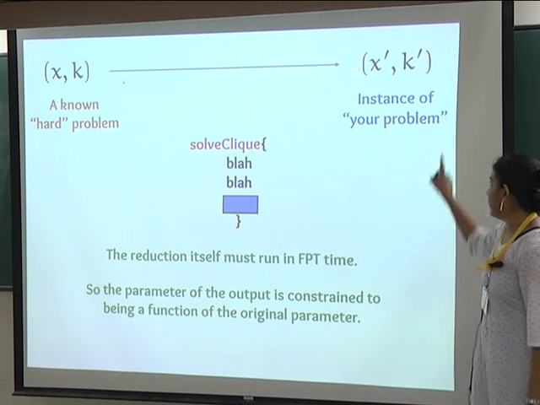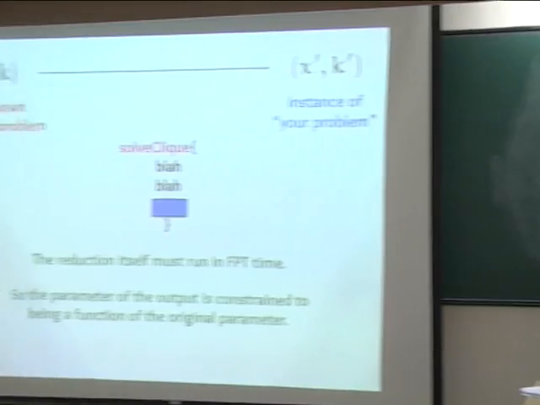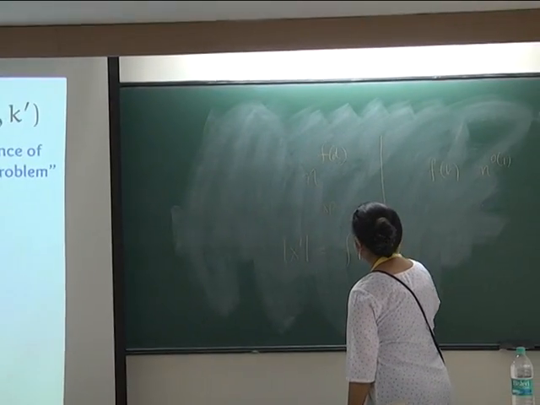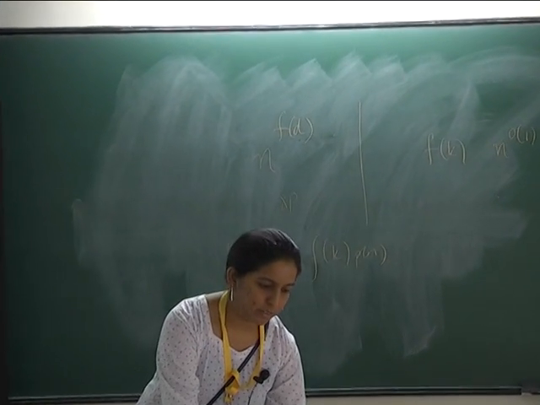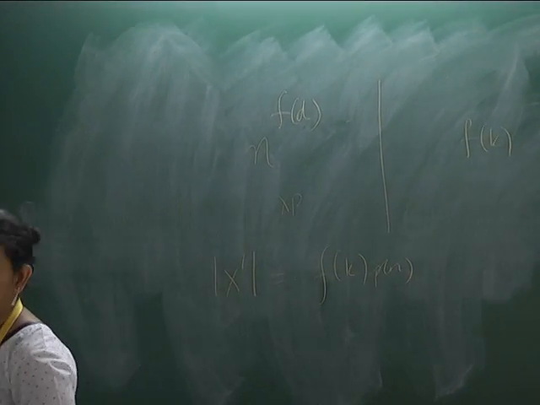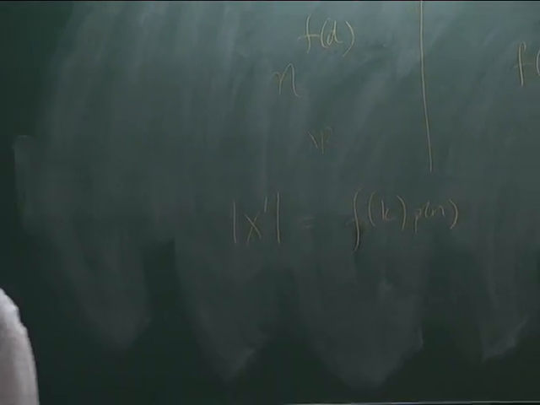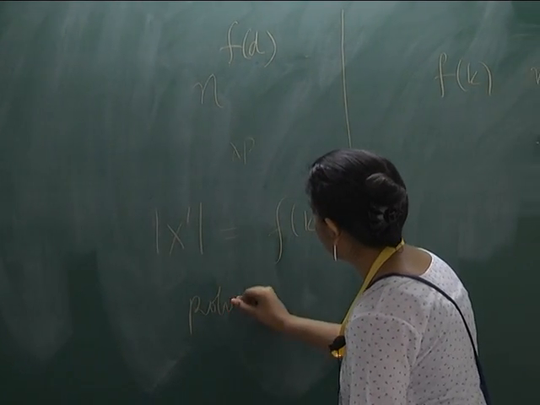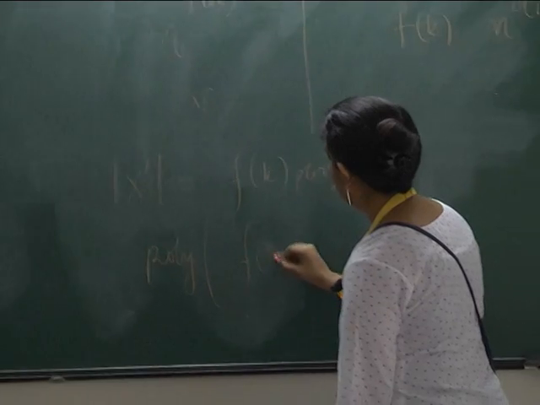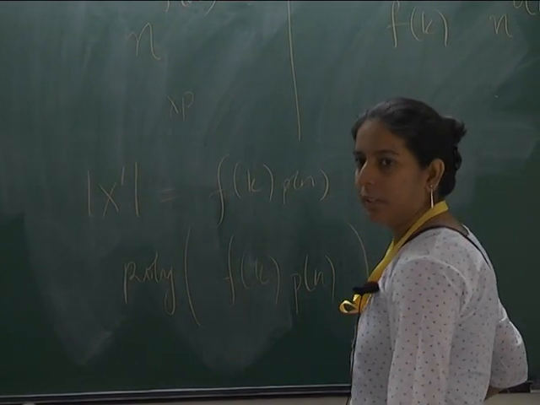So he's saying that the size of X prime could potentially be something like f of k times poly n. It won't be an NP-hard reduction in particular, but when you run this algorithm, this factor is polynomial in X prime. So it's poly of f of k poly n, which is not polynomial.